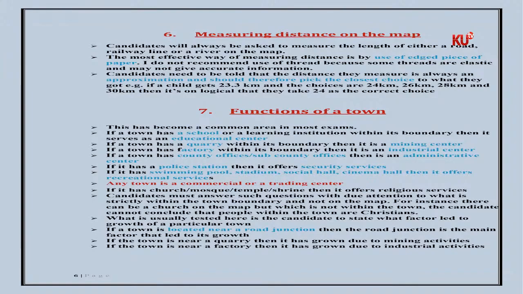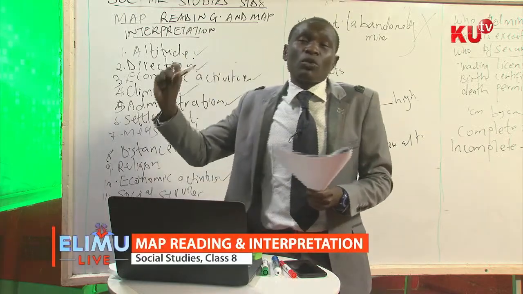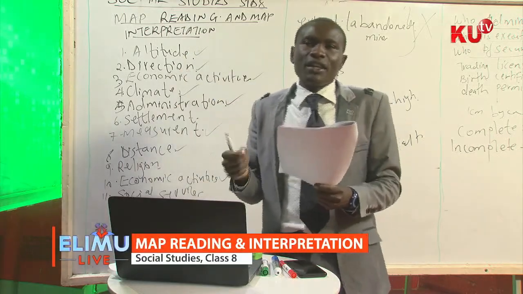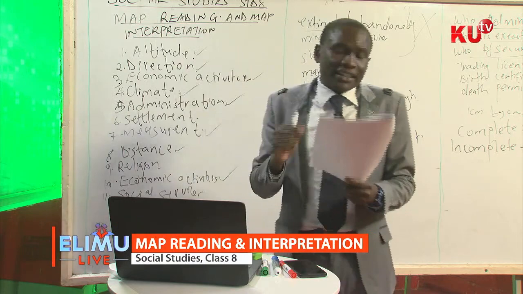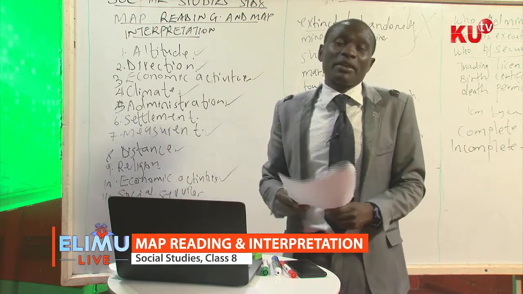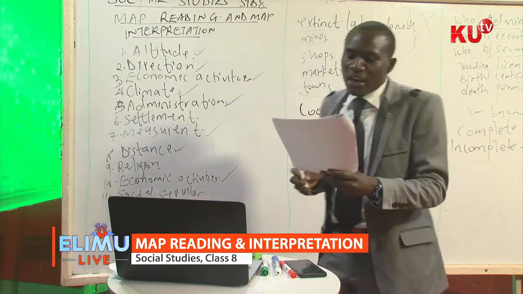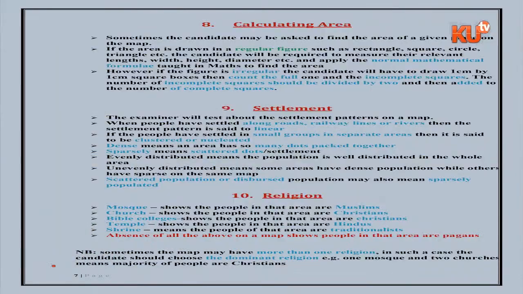When we have people settling in small groups, remember on map work we use dots, in small groups or clusters in separate areas, then that becomes clustered or nucleated settlement. Mostly in KCPE, the questions normally tested are the reason or the type of settlement, or why this settlement has grown, or how it has been influenced.